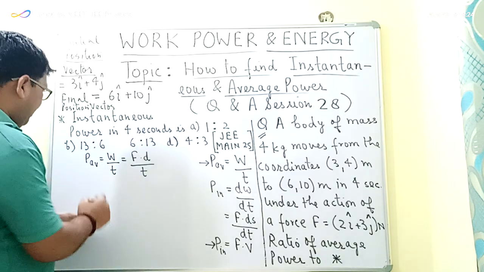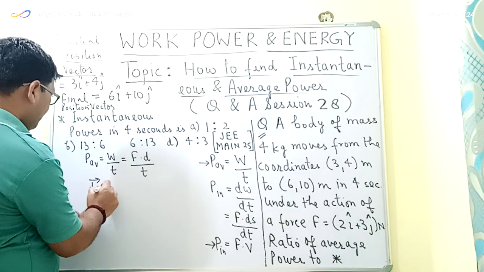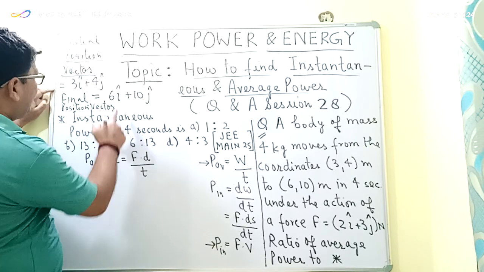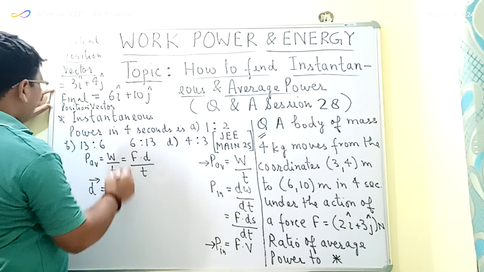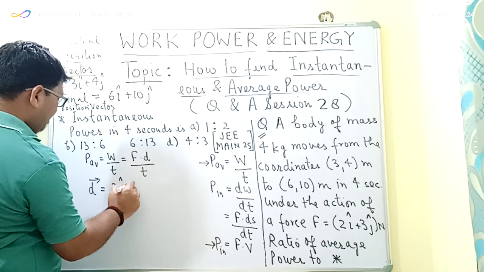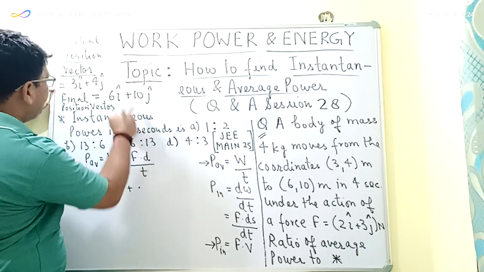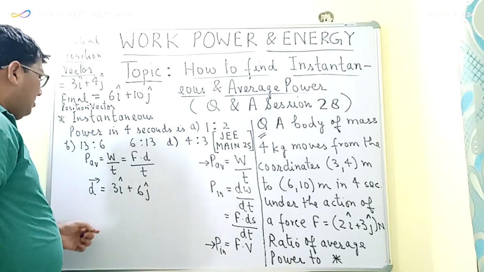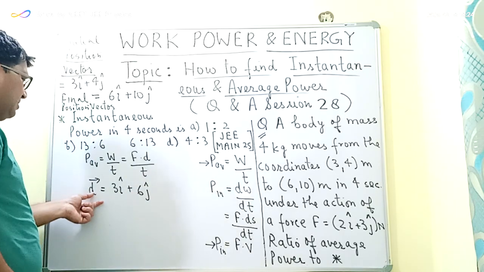So the displacement vector will be the final position vector minus the initial position vector. This will be equal to 6i cap minus 3i cap plus 10j cap minus 4j cap, which is equal to 3i cap plus 6j cap. So this is the displacement vector.